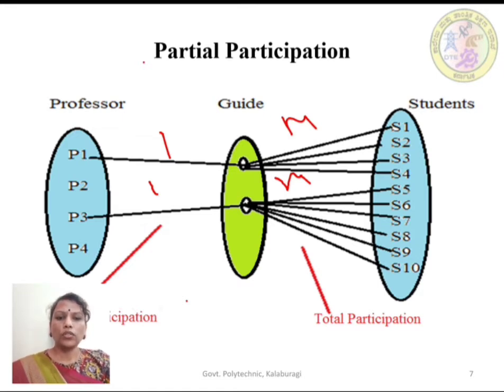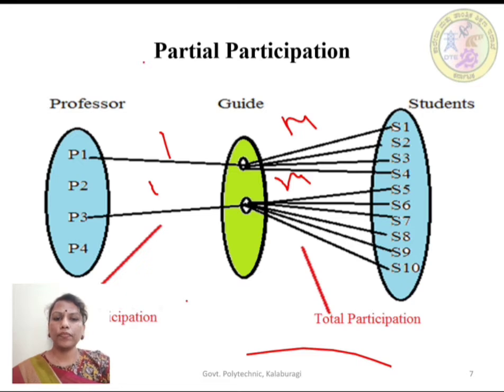No student can exist in this student entity type without the guidance of a professor, right? So that is the meaning here. So the student entity type is totally participating in the guide relationship, whereas the professor entity type is partially participating in the guide relationship. Okay, I think you have understood.